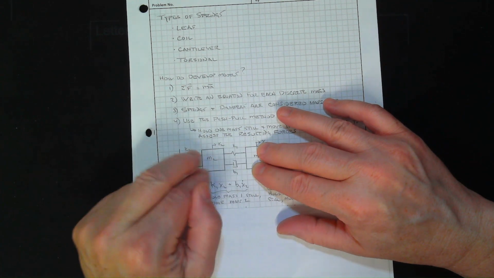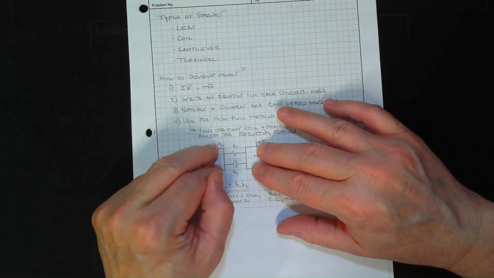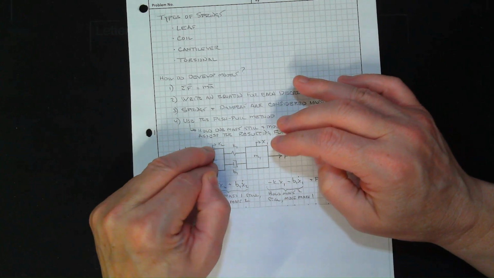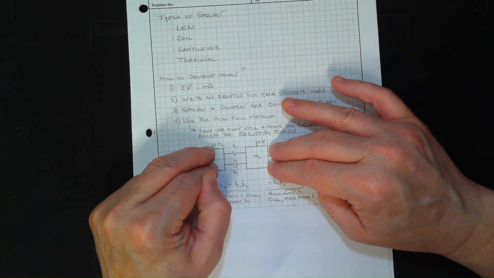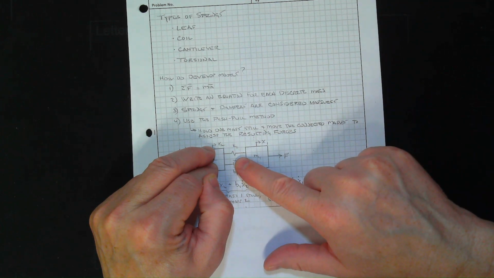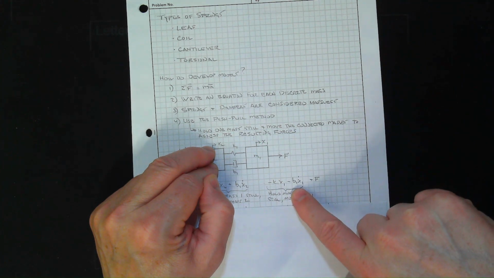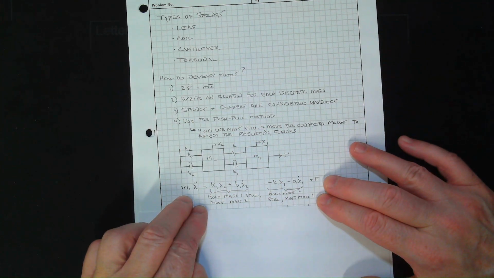It only feels the result of M1 moving and what comes through this spring and that damper. Then we hold M2 still and move M1 in a positive direction. It has the force F, so we just add that on, but then it'll have opposition from K1X1 and B1X1 dot. And it's all done.